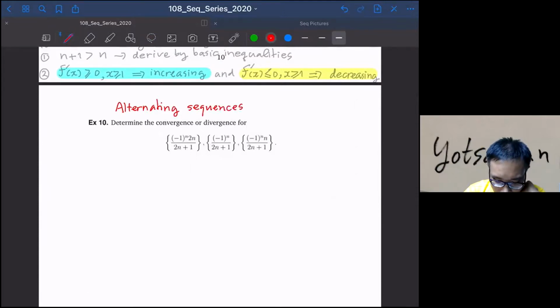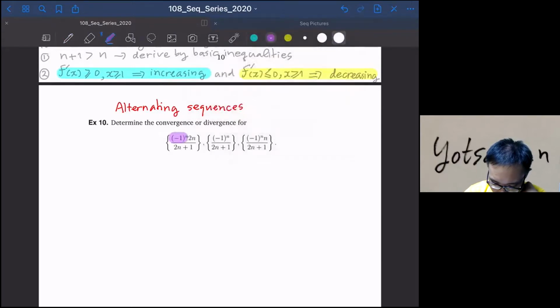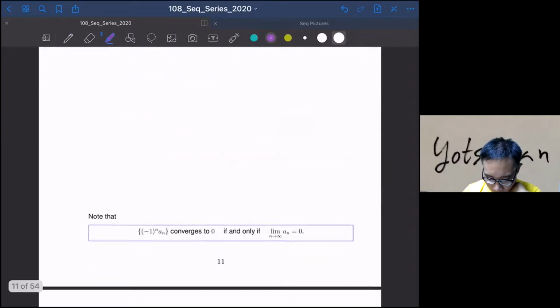An alternating sequence will involve the term (-1) to the n, multiplied with the term of the sequence.